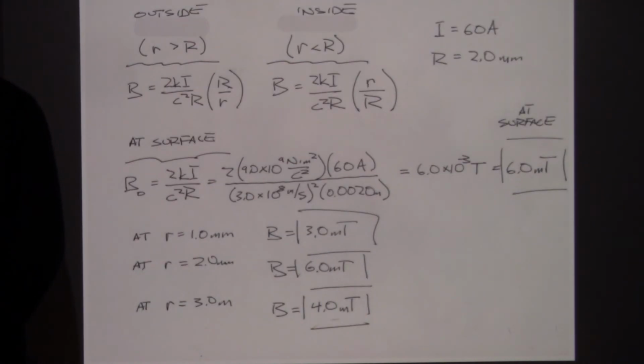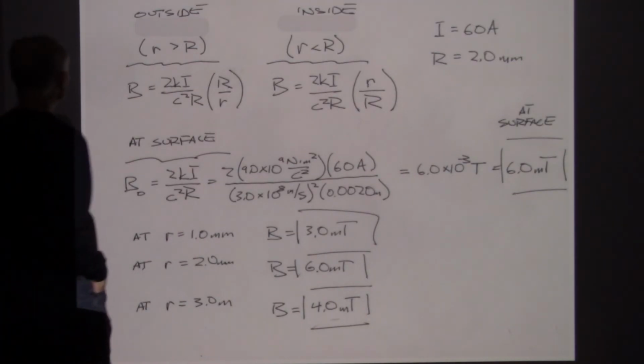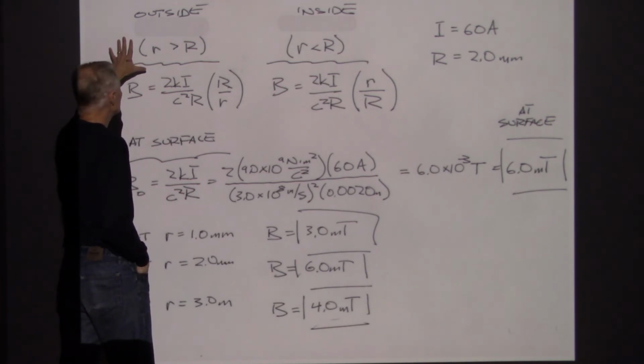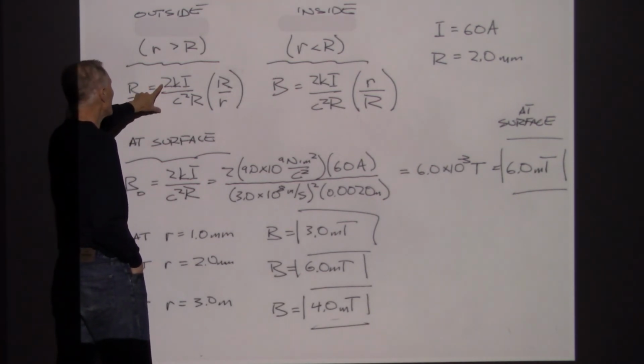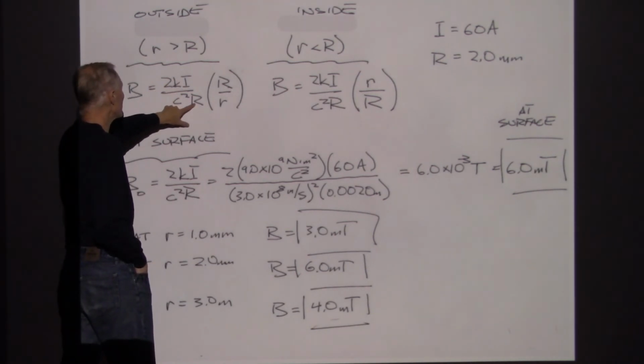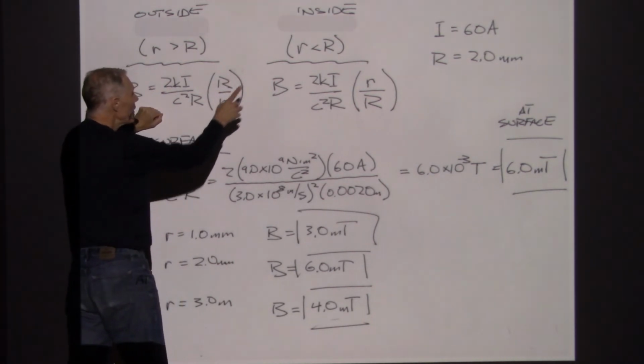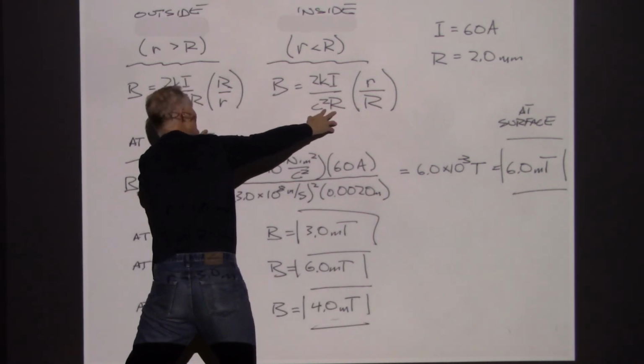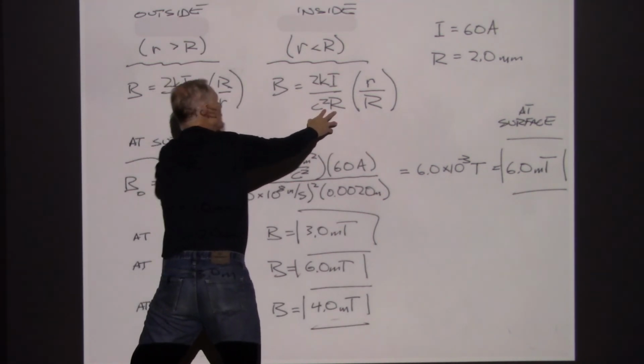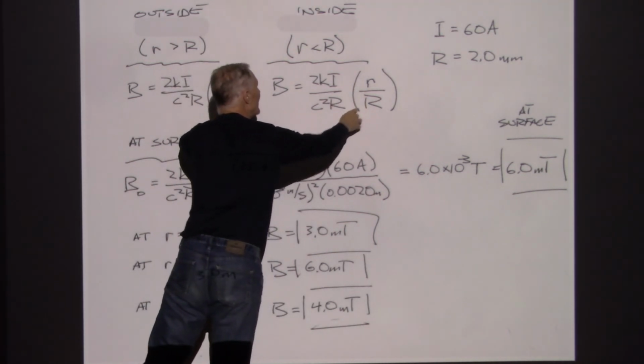So let's look at that a little bit more. So again, the outside formula could be rewritten as 2ki over c squared, big R over little r. An outside region has the same set of values here, but it's little r divided by big R.